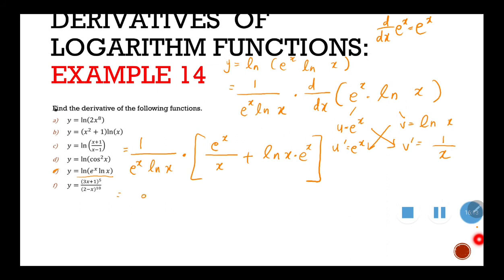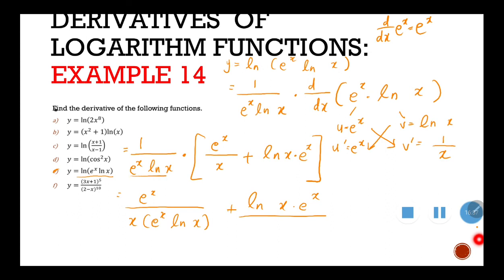Okay, so now we're going to solve it one by one. x plus ln x e^x.